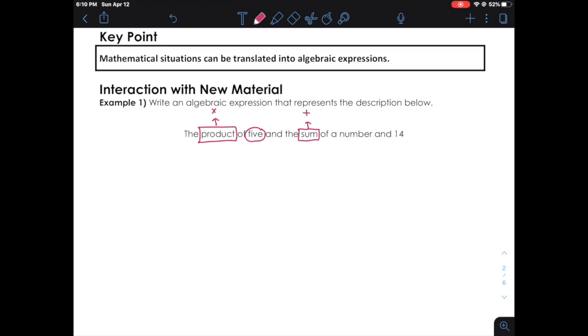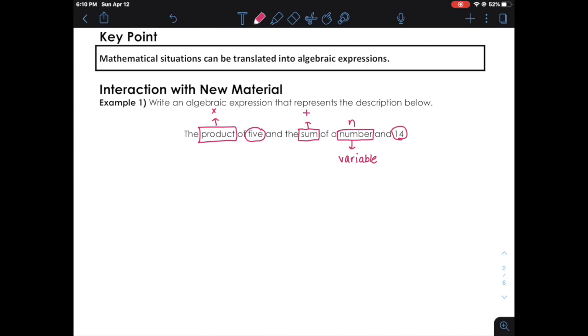And that sum must be adding a number, which we'll use n, and that's our variable. And then the number 14. So we have to find the product of 5 and the sum of the number n and 14.